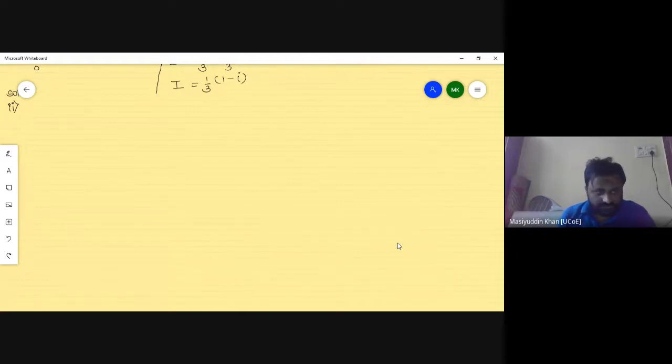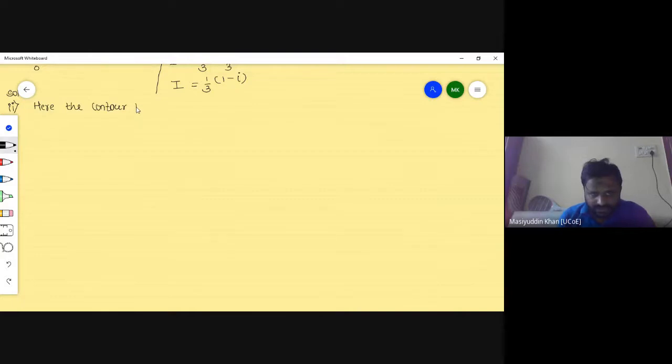So I'm just writing here the contour is first segment OB and then segment BA. OB and BA.